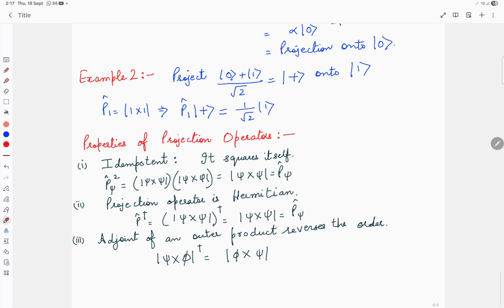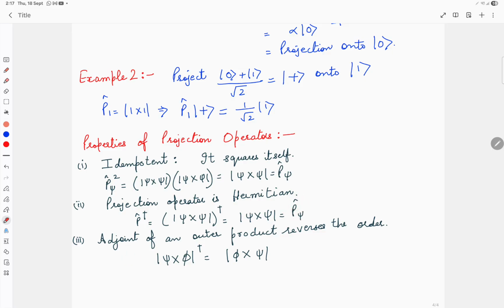Now there are certain properties of the projection operators which we have to always remember. The projection operators are idempotent, meaning they square to themselves. If you take the square of the projection operator, it is the projection operator itself. And the projection operator is Hermitian. If you take the adjoint of the projection operator, it comes out equal to the projection operator itself.